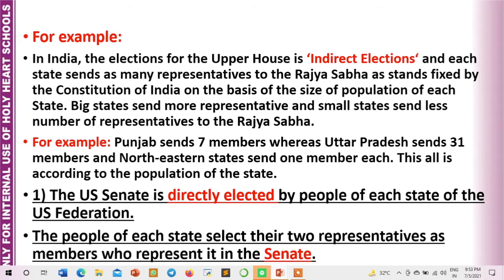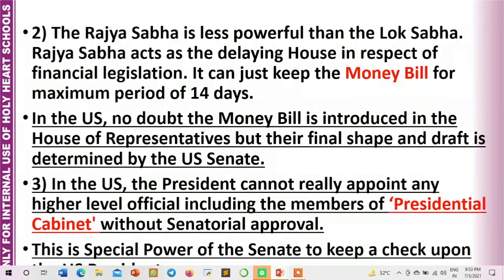Like northeastern states, each state sends only one member. Punjab sends 7 members, Uttar Pradesh sends highest, that is 31 members. But in the US Senate, each state sends the same number of members, that's 2 members. So this is the comparison of US Senate with Indian Rajya Sabha.